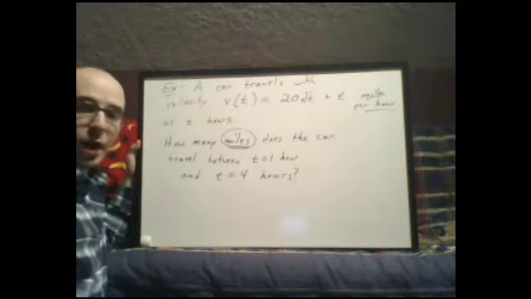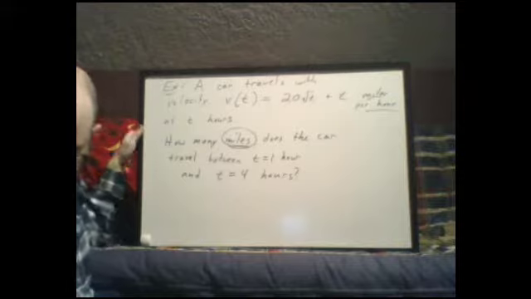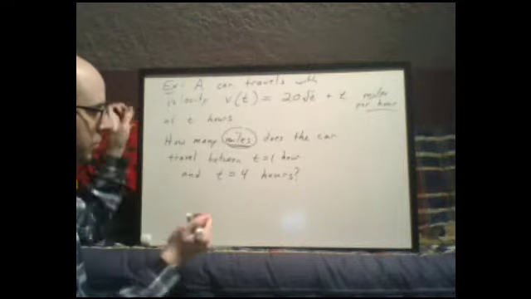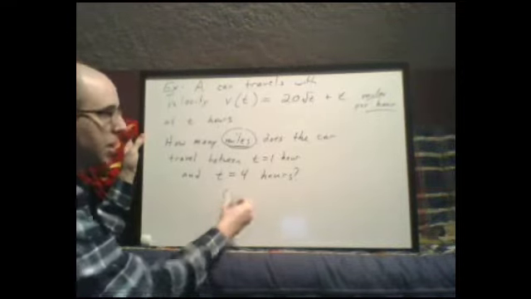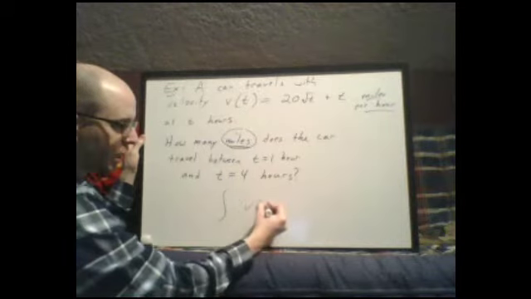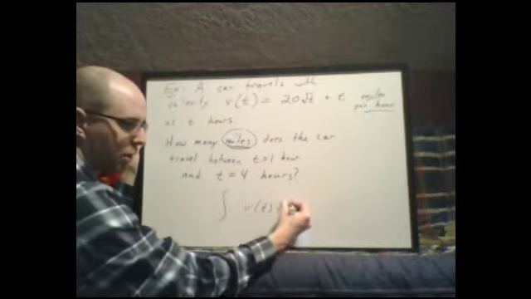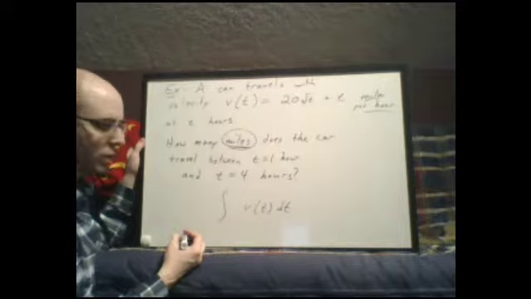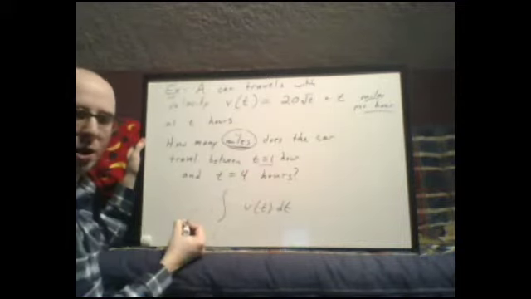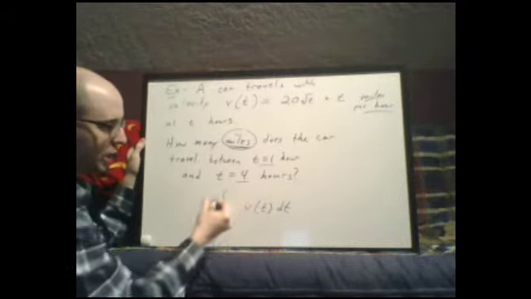Okay, and once we recognize all that, then what this tells us to do, I'll write this before I erase. We want to integrate our velocity function, v of t, from our starting time of 1 to our ending time of 4.